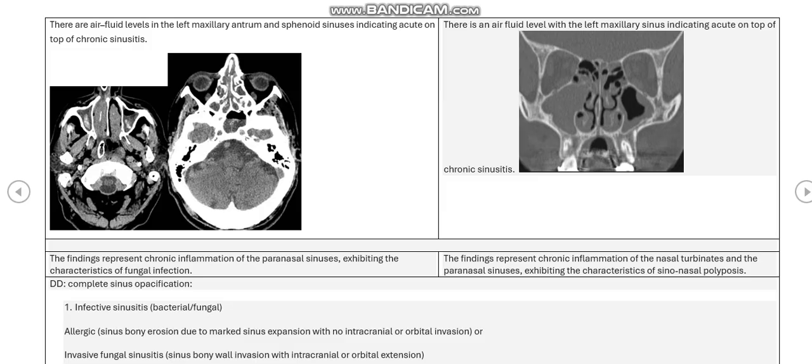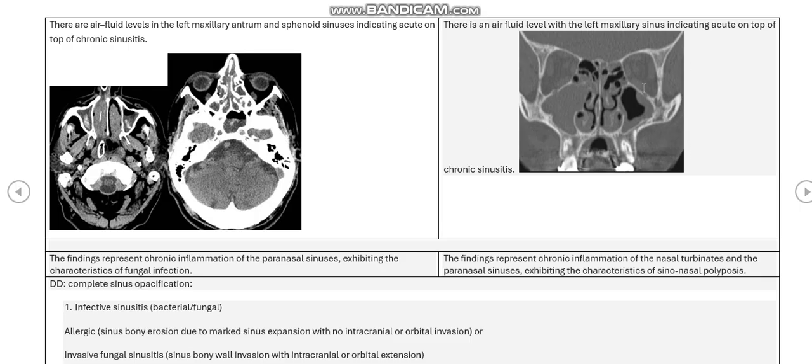Can you see this area of high density? Yes. So this is chronic allergic fungal sinusitis. Okay. This is acute on top of chronic inflammation of the paranasal sinuses, exhibiting the criteria of fungal infection.